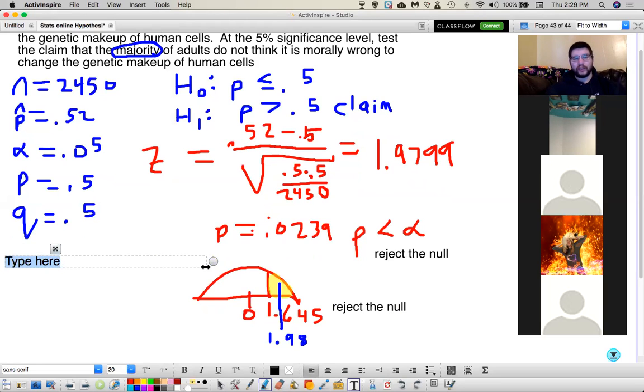So the claim was in the alternative, so there is enough evidence to support the claim that, let me highlight the claim so I can read it.